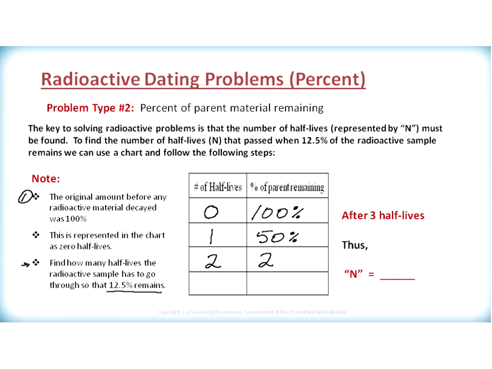Therefore, we now have 25% of the original parent material as being radioactive. Then after a third half-life, 1/2 of the 25% would remain, which would be 12.5%. So the number of half-lives that it takes for the sample to get down to 12.5% would be 3 half-lives. Thus, in our equation, to calculate the age, our number of half-lives would be 3.